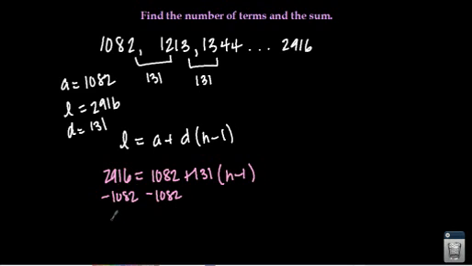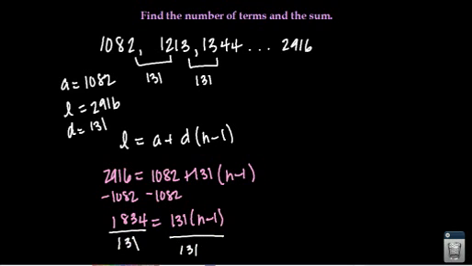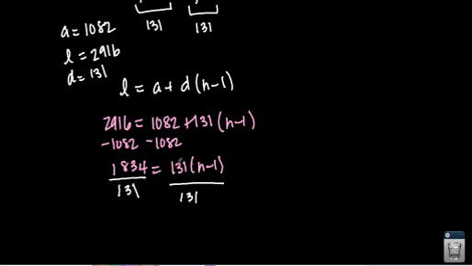And I end up with 1,834 equals 131 times quantity n minus 1. I'm going to divide by 131. And I get n minus 1 equals 14.